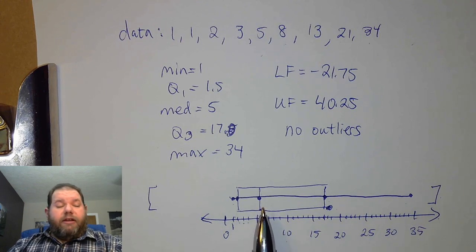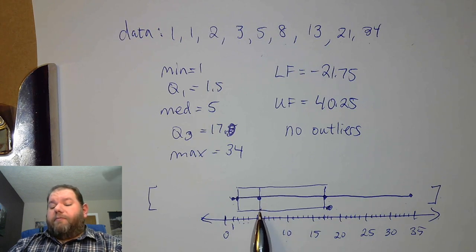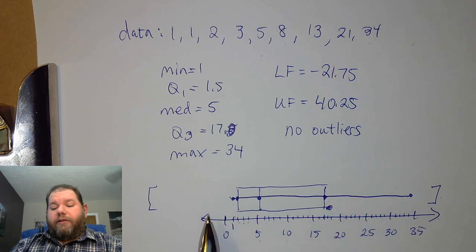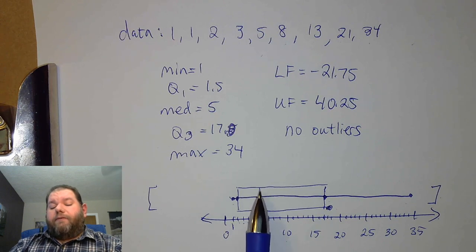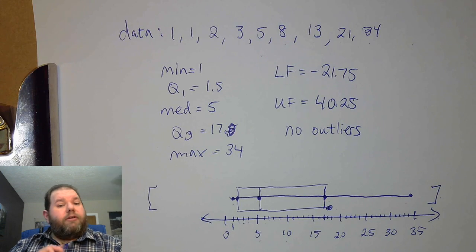And we would see it if we graphed the histogram for this data also. On the left-hand side we have a shorter whisker, and on the right-hand side is a longer whisker. That means it's skewed to the left. Same thing as if the median line is closer to Q1 than it is to Q3, it also tells us it's skewed to the right.